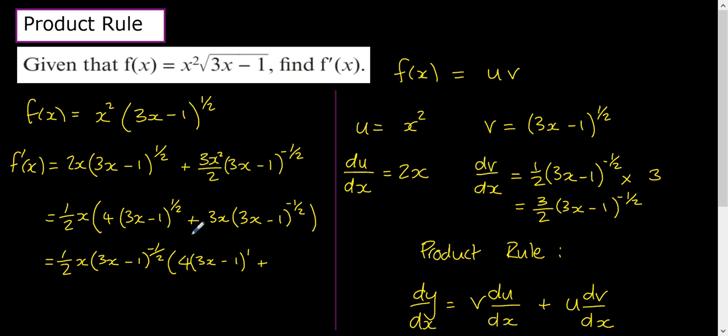Then, what do we multiply this by to get this? What do we have to multiply (3x minus 1) to the minus a half by to get 3x times (3x minus 1) to the minus a half? It's just 3x. So this is almost completely factorized. All we've got to do now is expand this little bracket here. So we've got 12x minus 4.